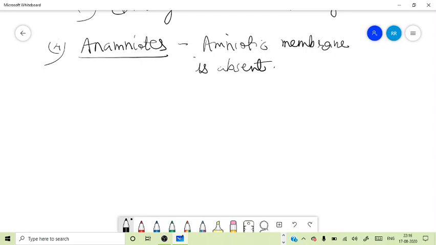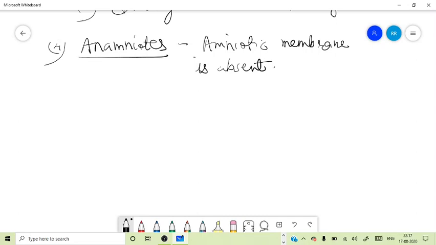So they are known as anamniotes. And what is the amniotic membrane? It is an extra embryonic membrane that is present in amniotes, but it is absent in amphibia. So amphibians are known as anamniotes due to the absence of an amniotic membrane, which is an extra embryonic membrane which covers the embryo in amniotes.